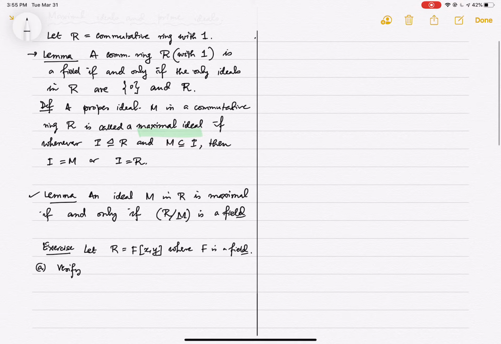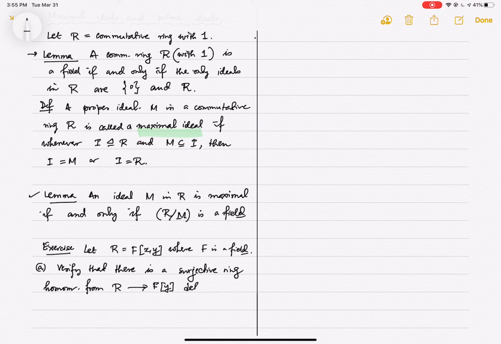Verify that there is a surjective ring homomorphism from the two variable polynomial ring R to the one variable polynomial ring F[y] defined by f(x,y) mapping to f(0,y). So you substitute x equals 0, then you get a one variable polynomial in y. And this is a surjective ring homomorphism.